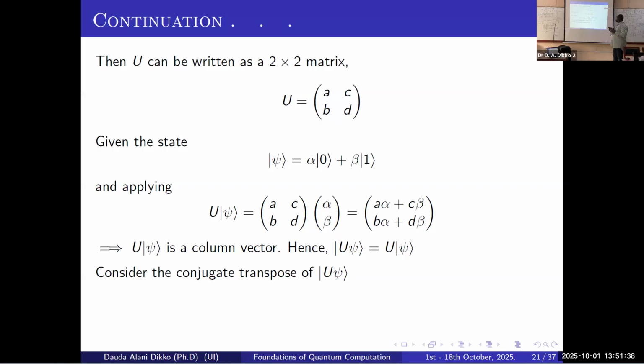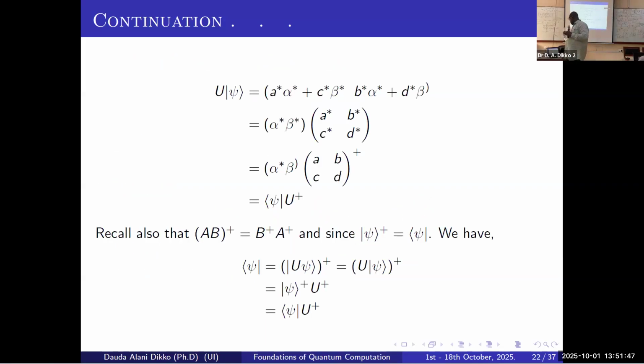Now, consider the conjugate transpose of ket U phi. Okay, that gives us what we have. Like the question he was asking before, the action of the star operation and how it connects with the adjoint operator.